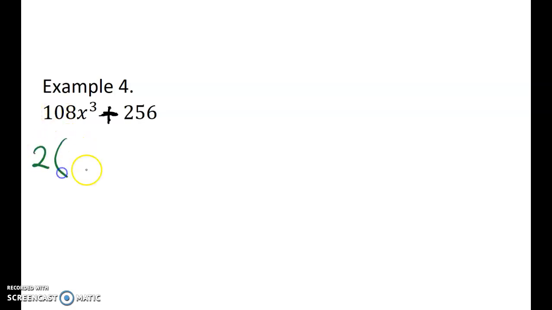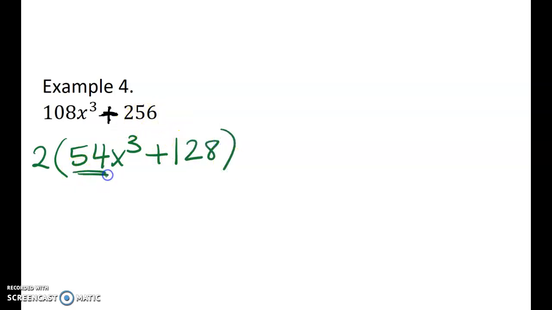So 2, that's going to give me 54x cubed. 2 goes into this 128. So you see how 54 and 128 are even? I can take out another 2. So I'm going to actually end up with 2 times 2, because I'm taking out another 2.